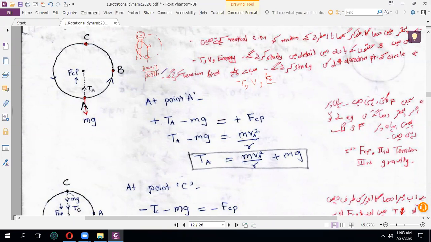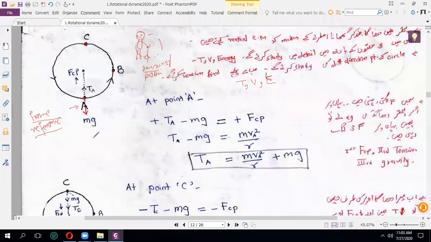So this downward position is my frame of reference. I hope you understand what a frame of reference is. We already did it: the position where we start any object. So we start the object from initial position A. From position A they reach position B, then position C, then again they reach position A.